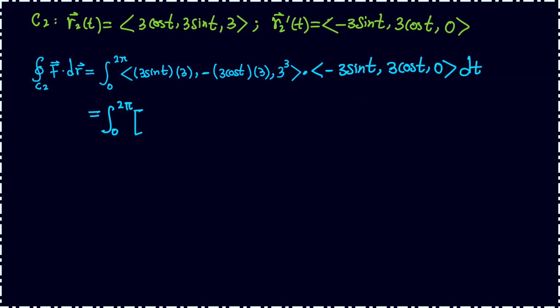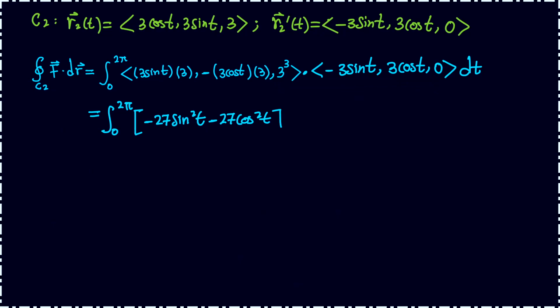All right, so here we have 9 sine t times negative 3 sine t. That's negative 27 sine squared t. We have negative 9 cosine t times 3 cosine t. That's negative 27 cosine squared t. And once again, 3 cubed times 0, 0.